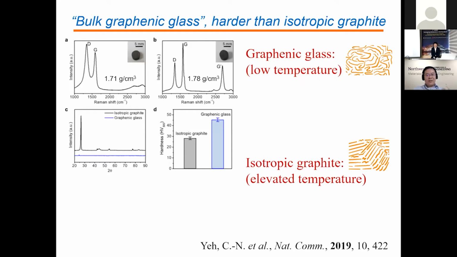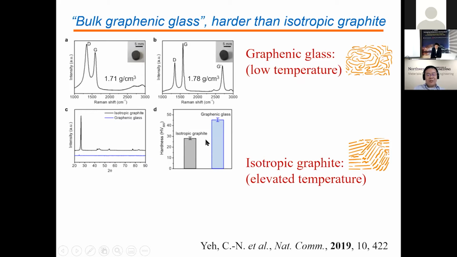And now if you look at the X-ray diffraction, the isotropic graphite, because it's made of graphite crystallites, has a strong stacking peak here. It's a high quality stacked sheets domain. The graphenic glass has very little diffraction intensity at the same position, and their densities are comparable.